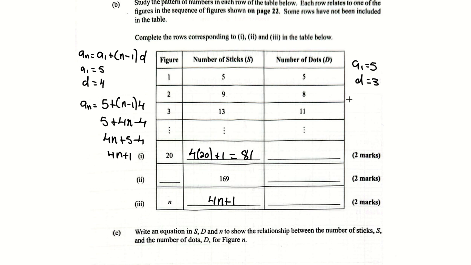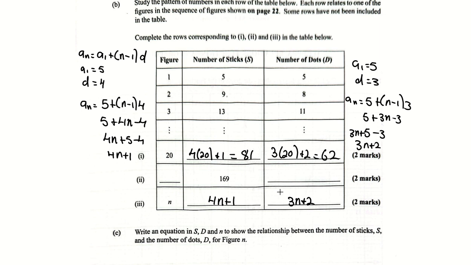So my nth term would have been A1, which is 5, plus n minus 1 by the common difference 3, which is 5 plus 3n minus 3, which is 3n plus 2. So 3 by 20 plus 2 is equal to 62.